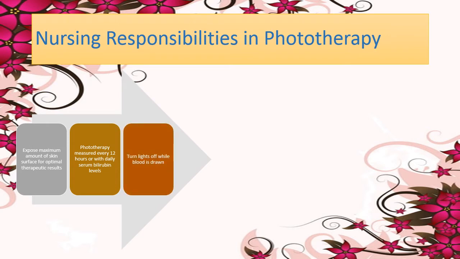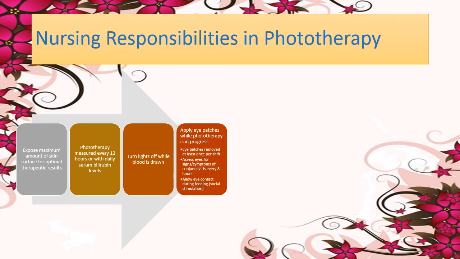You want to be sure to turn the lights off while the blood is drawn. You also want to be sure to apply eye patches while phototherapy is in progress. Eye patches are removed at least once per shift. You want to assess the eyes for signs and symptoms of conjunctivitis every 8 hours, and you want to allow eye contact during feeding. This is for social stimulation.